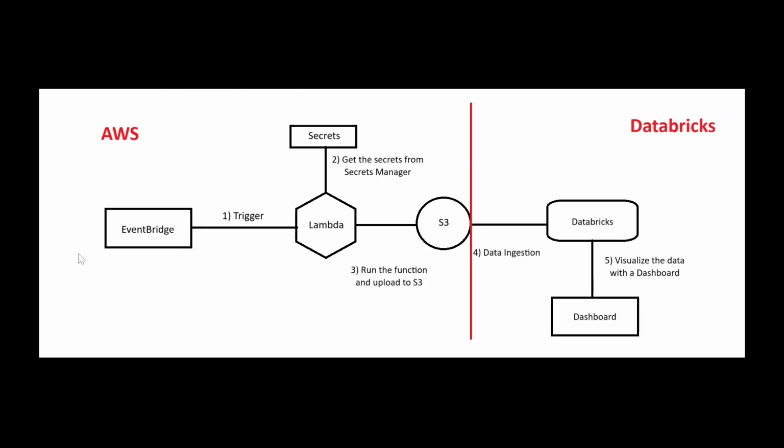So this simple pipeline that extracts and transforms the data will provide us with fresh data that we can use every single day. So now let's look at the right side of this schema and see how we can use Databricks to analyze the data and visualize it with a dashboard.